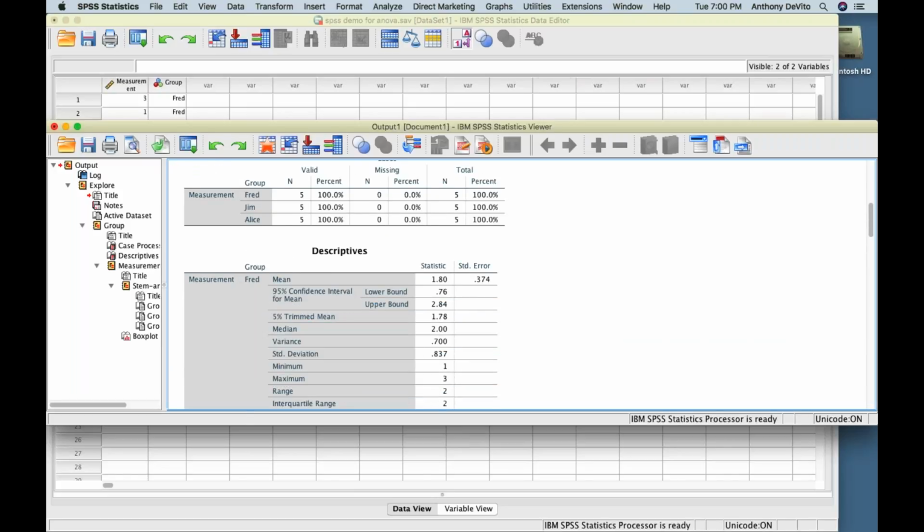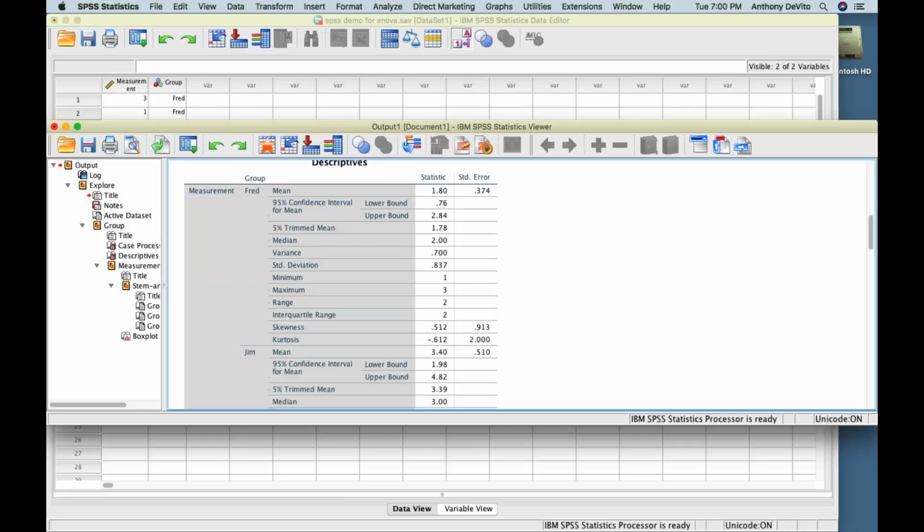Okay, so what do we wind up with here? Let's take a look. The total number of values in each group is 5. They're all valid, there's no missing values, and so on. Individually, the mean for Fred is 1.8, and our standard deviation is 0.87.